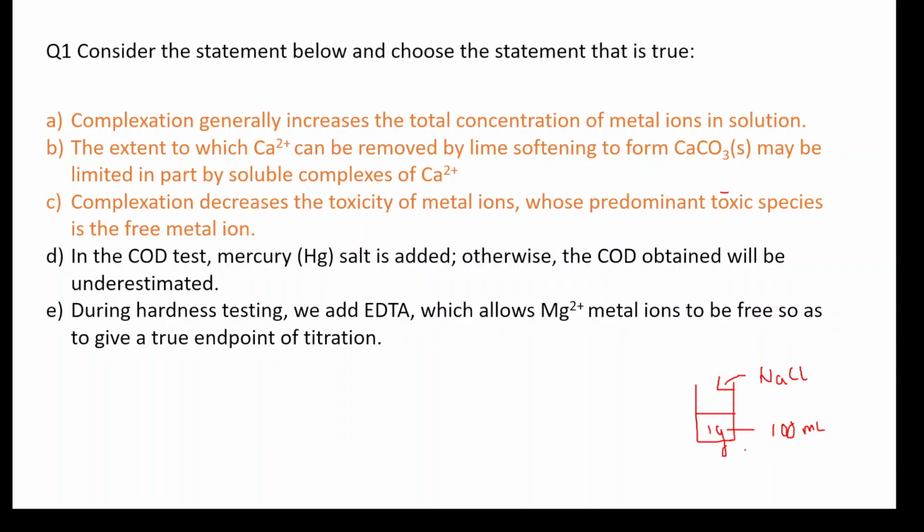The water will be unsaturated because we can add more salt. And if we add 10 grams, still the water is unsaturated because we can add more. But what if we add 100 grams in 100 ml? This is just an example. Maybe we can see small precipitates of NaCl. In that condition, the water will be saturated.